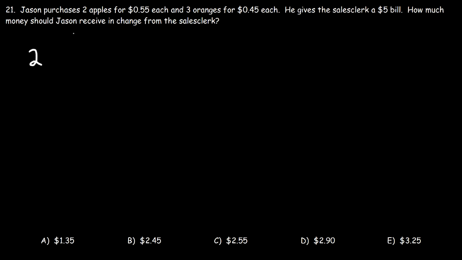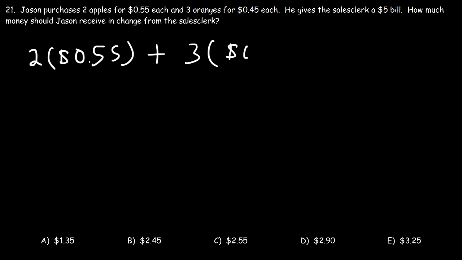So he's buying 2 apples, and each apple has a price of 55 cents. And he's buying 3 oranges that cost 45 cents each. Now 2 times 0.55, that's $1.10.